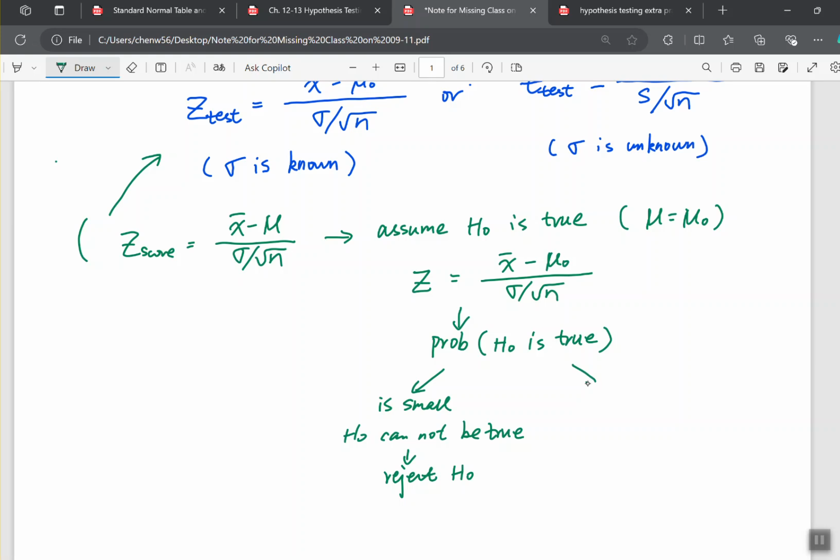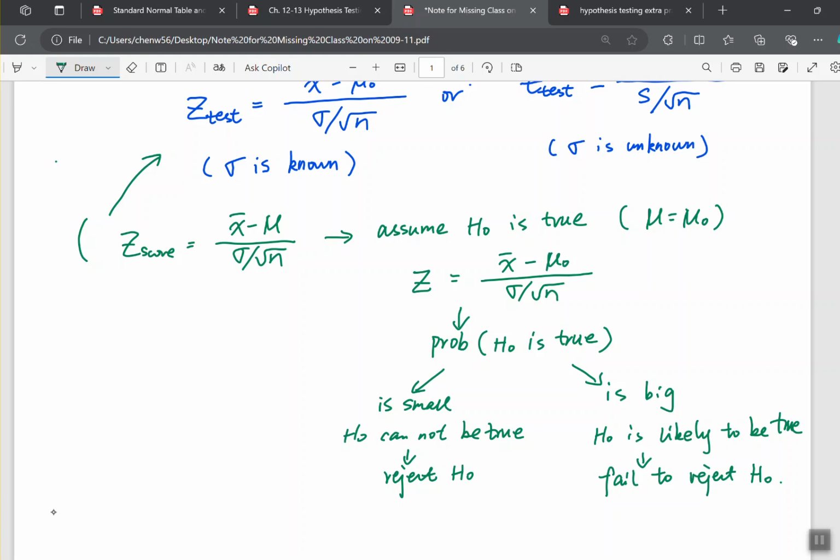The other way, if this probability is not that small, let's say it's big, then that means the null hypothesis is likely to be true, and at the end we say we fail to reject the null hypothesis.